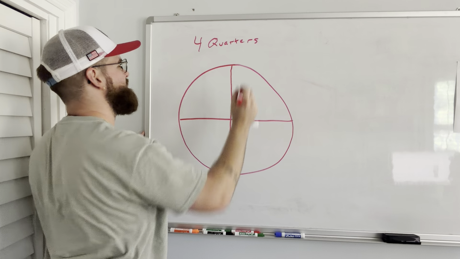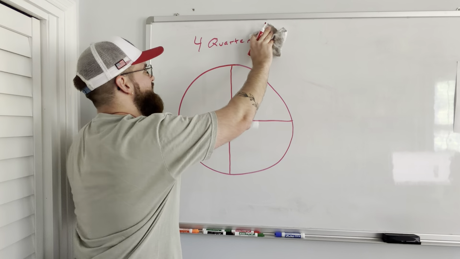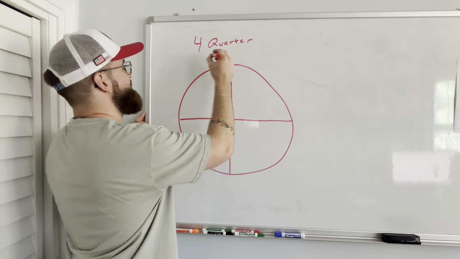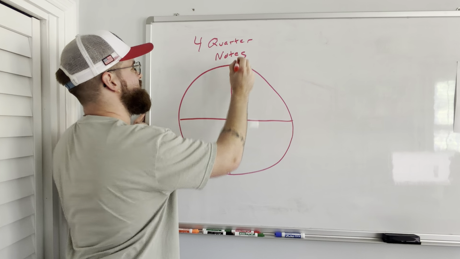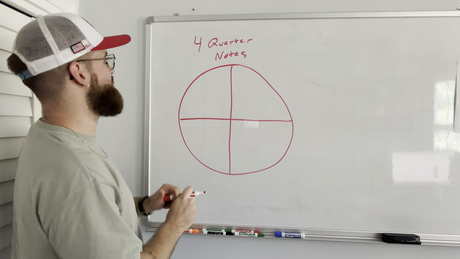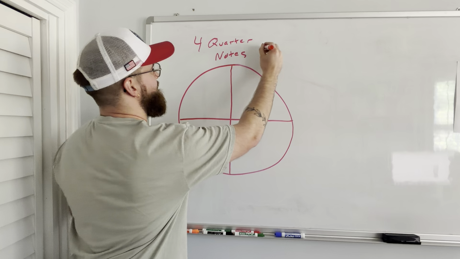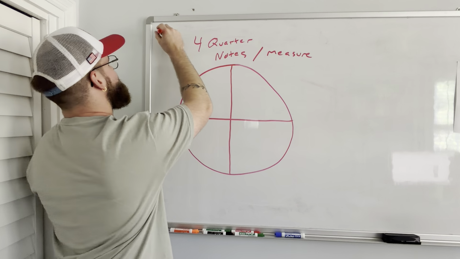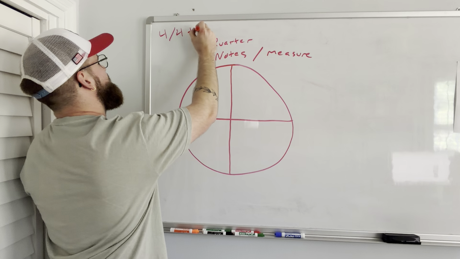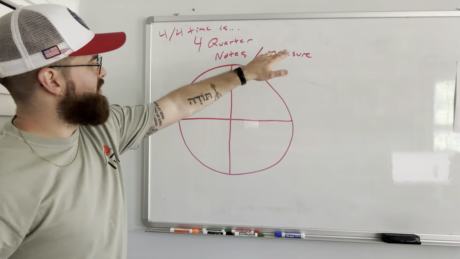quarters. All right, in music, we're just gonna add one word to the end of it, and we're gonna say 4 quarter notes. Okay, this is important because 4/4 time is 4 quarter notes per measure. Remember that? 4/4 time is 4 quarter notes per measure.